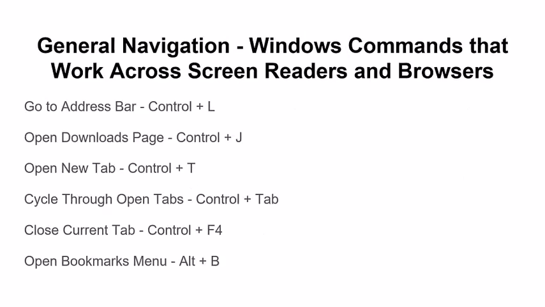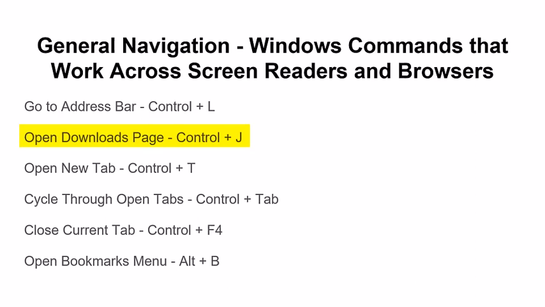There are some general Windows commands that work across screen readers and browsers. Go to the address bar with Control L. Opening the Downloads page, Control plus J. This can help if you have downloaded a document and are unsure of where exactly it downloaded to.